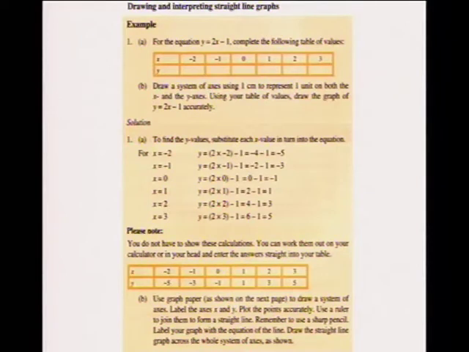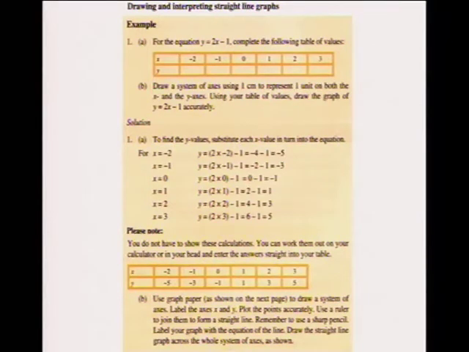Then we must find it by putting in the equation, in the x values place, every time the value that is given to find y. There is the solution. If you don't know how to do it, you can look at that. Then we have all the values for x and y.